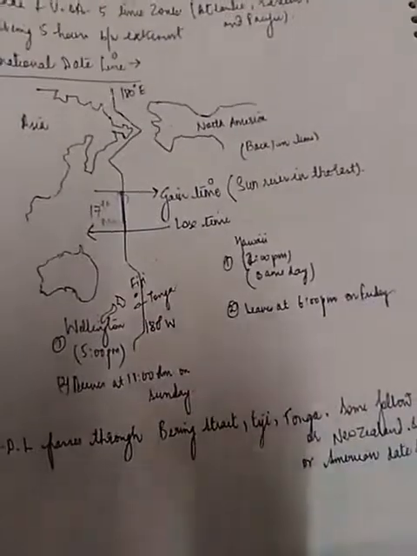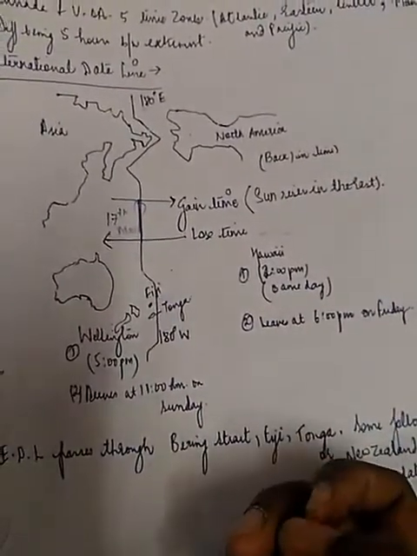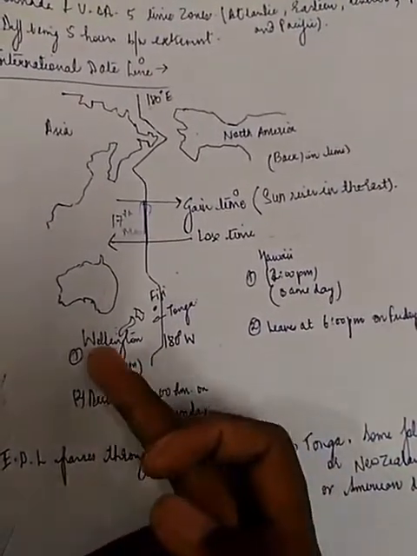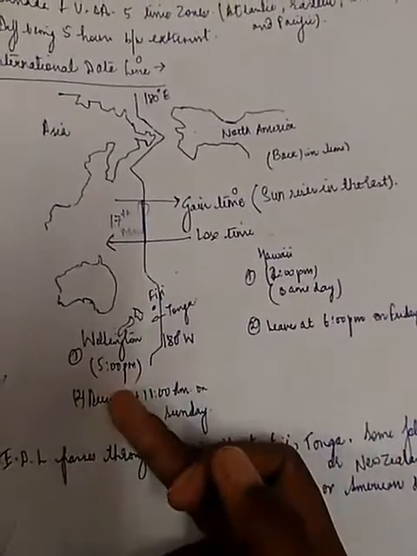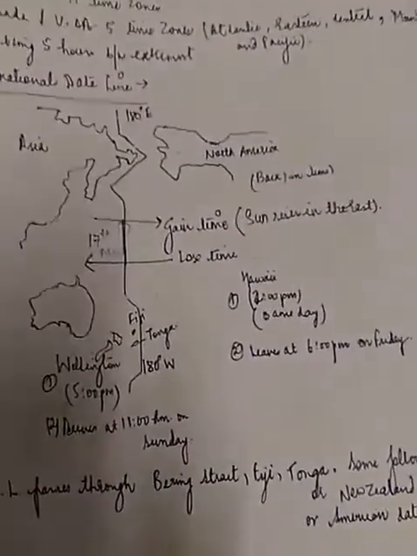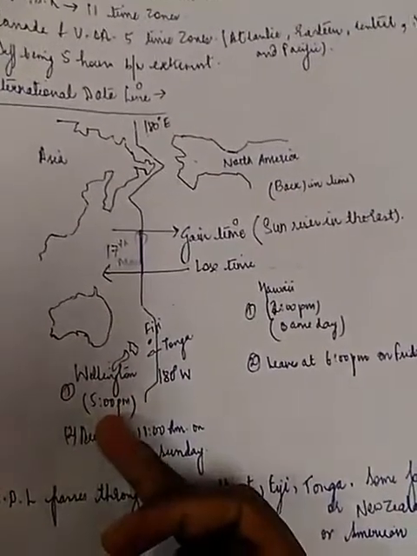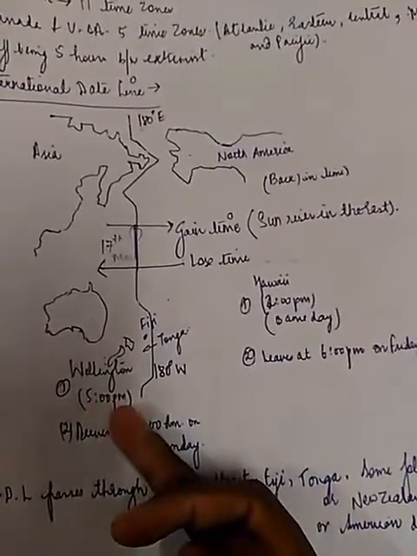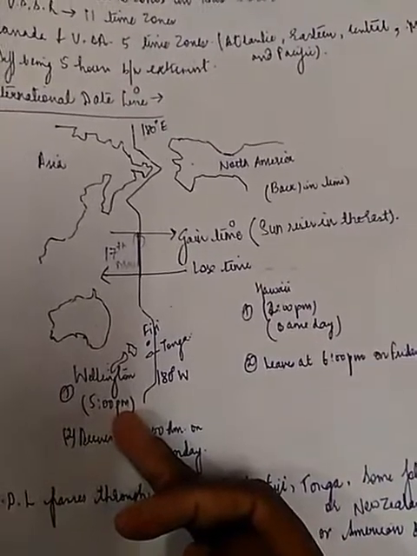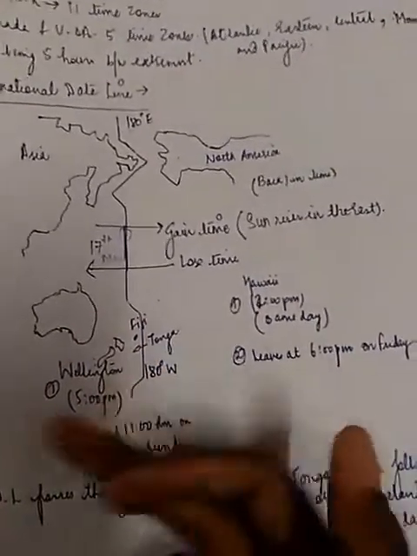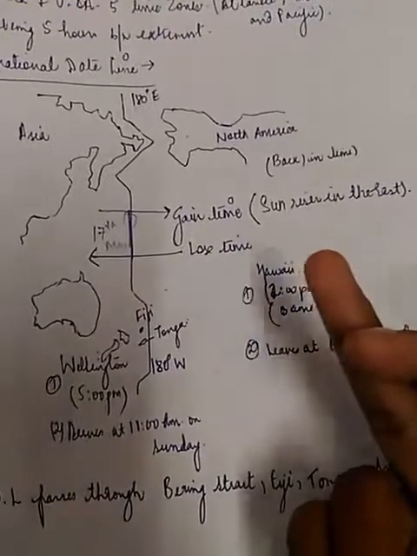There are several examples that I can give you on this concept. Suppose there is a place in New Zealand called Wellington, the capital city, of course. Suppose we take a flight from Wellington at 5 p.m. in the evening, and suppose it is 17th March, and we are going to Hawaii.